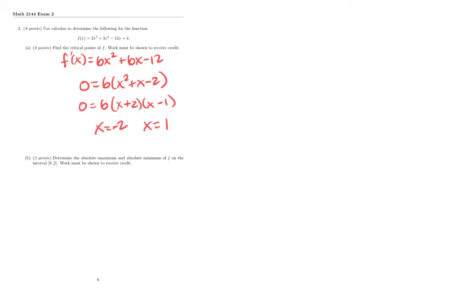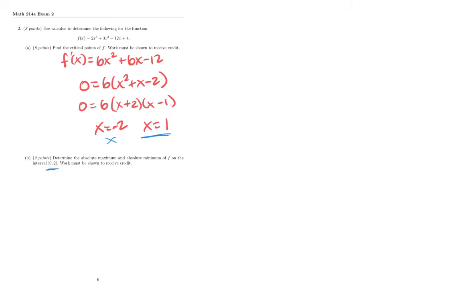So then it says determine the absolute minimum and absolute maximum of f on the interval from 0 to 2. So one thing we might notice is that this critical point, 1, is on the interval 0, 2, but x equal -2 is not on that interval. So I don't have to consider that critical point.